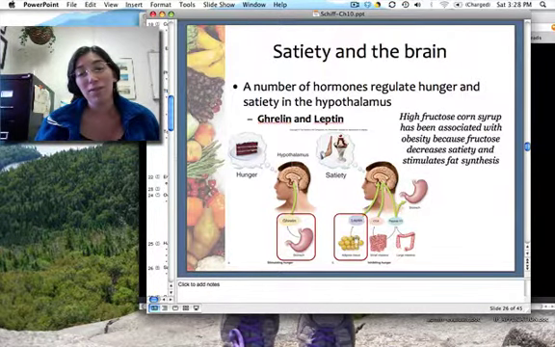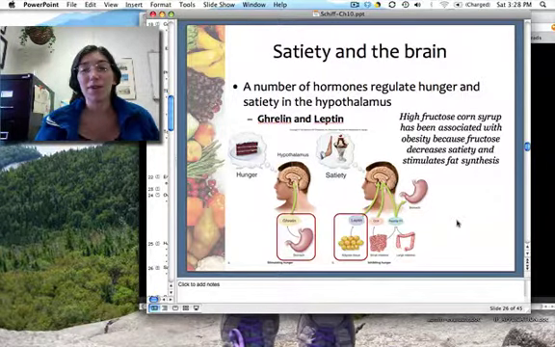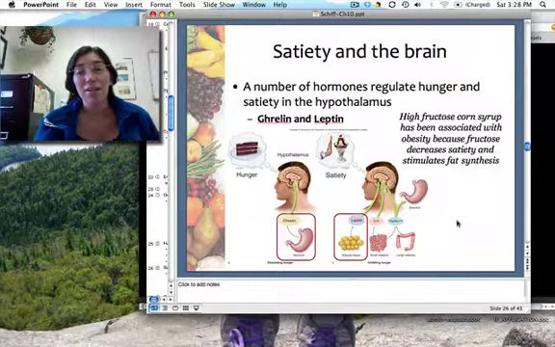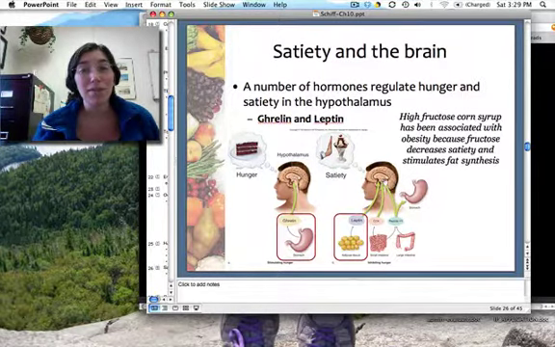And there's a lot of research into leptin in terms of its role in obesity and eating, because people who are obese and who have a lot of fat stores produce more leptin and therefore should feel more satiety, but they don't.